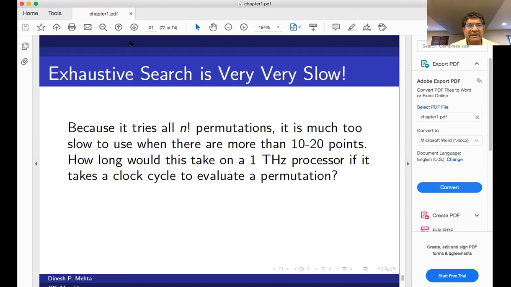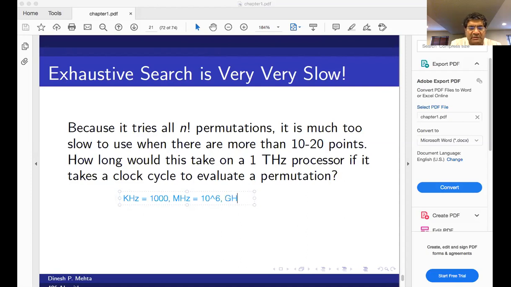Let's get some of our numbering straight here. Kilohertz would be 1,000. Megahertz would be 1,000,000, so 10 to the power 6.